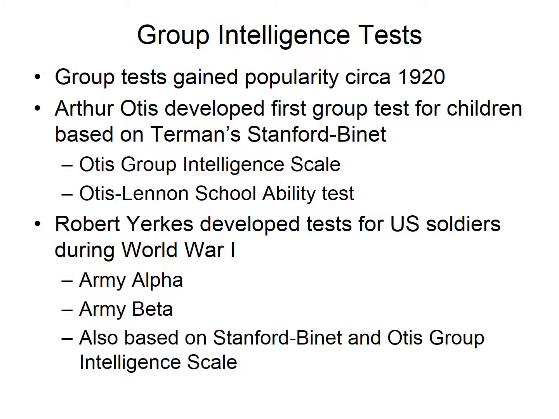But these were specifically designed. The Army Alpha was verbally based, a typical pen and paper multiple choice test to identify top, middle, and bottom performers as far as general cognitive ability. And the Army Beta test was actually a nonverbal version of this same test for people that had literacy issues.